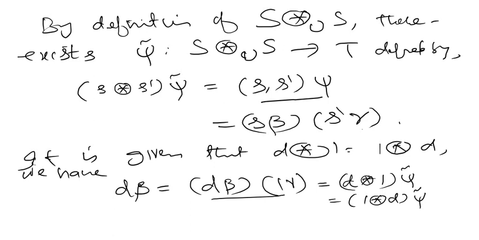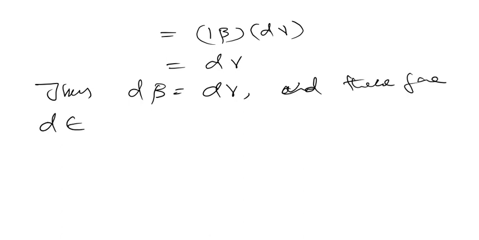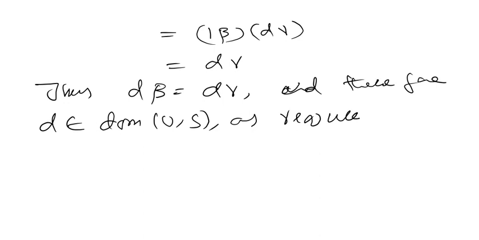This is equal to 1 beta and D gamma, but 1 beta is again identity. This is equal to D gamma. So thus D beta is equal to D gamma, and therefore D belongs to the dominion of U as required.